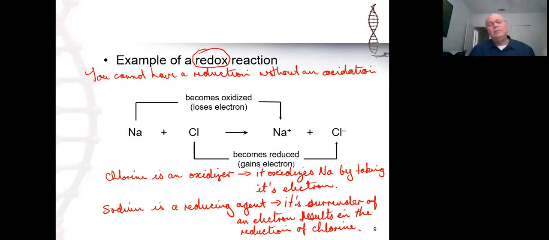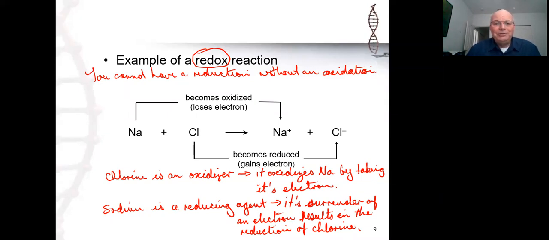Chlorine is an oxidizer or an oxidizing reagent. So these are terminologies that you also have to get used to using and hearing, because these are frequently used in describing these sorts of chemical reactions.